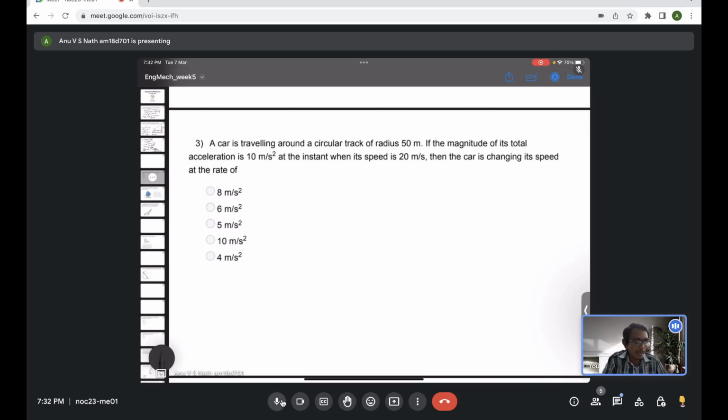The net acceleration is given as 10 meter per second square, so you have to just find the part of the acceleration which is only due to its change in velocity. The centrifugal acceleration is not because of a change in velocity, right? It's a change in direction.